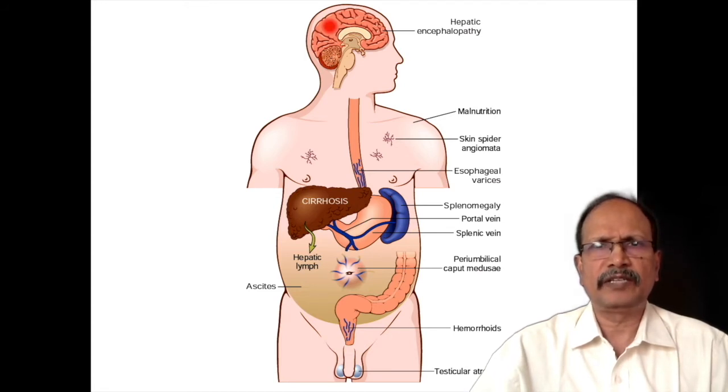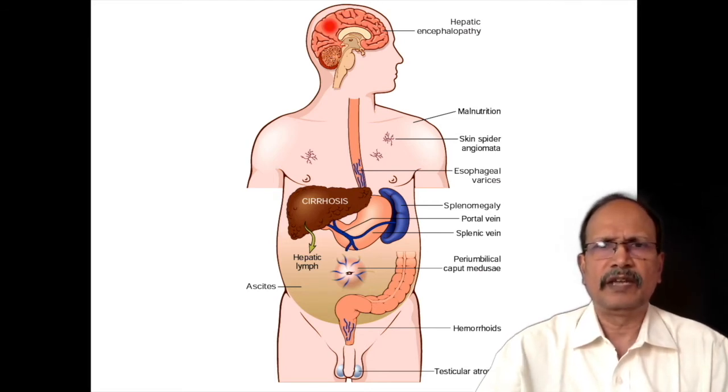In addition to that, the patient may suffer from portosystemic anastomosis. This may manifest in the form of hemorrhoids in the anorectal area, around the umbilicus it may manifest as caput medusae, and in the lower part of the esophagus it may manifest as esophageal varices.